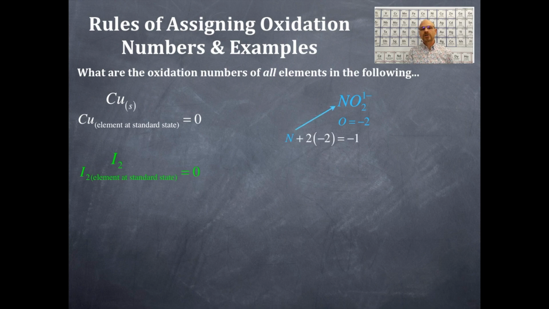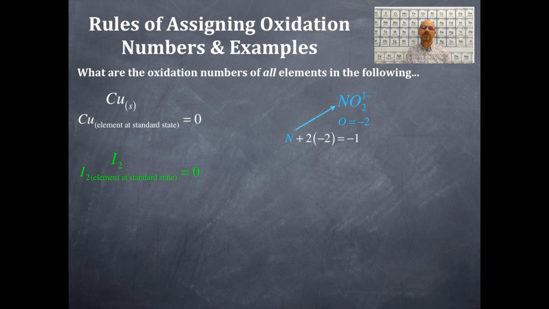So it's nitrogen, there's our little mathematical algebraic equation that we're using. Nitrogen plus 2 oxygens, which is equal to -2 each. So that 2 outside the parentheses lets us know we have 2 oxygens. Inside the parentheses is the charge on the oxygen itself. And the charge on this polyatomic ion is equal to -1.